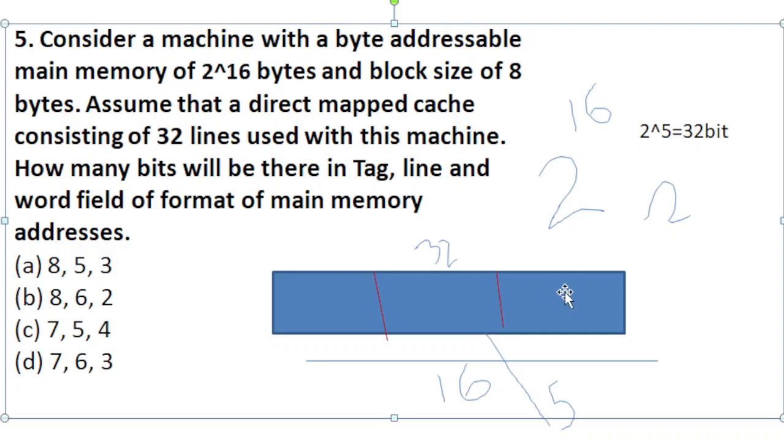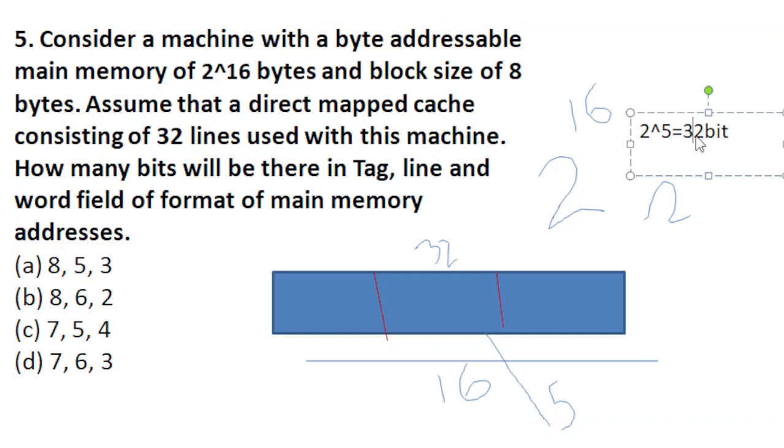Block size means the word field, and they have given 8 bytes. 8 bytes is equal to 2 power 3. So 3 bits are used for the word field.